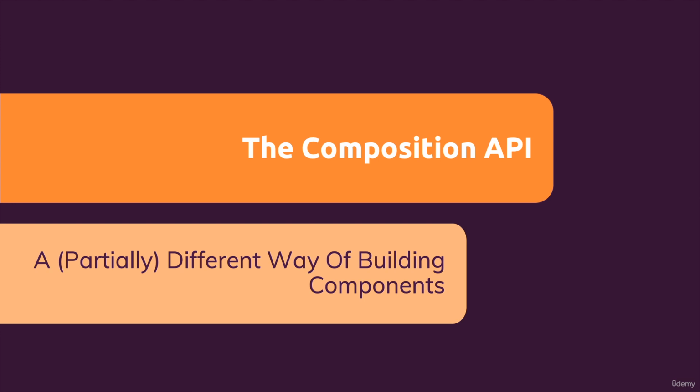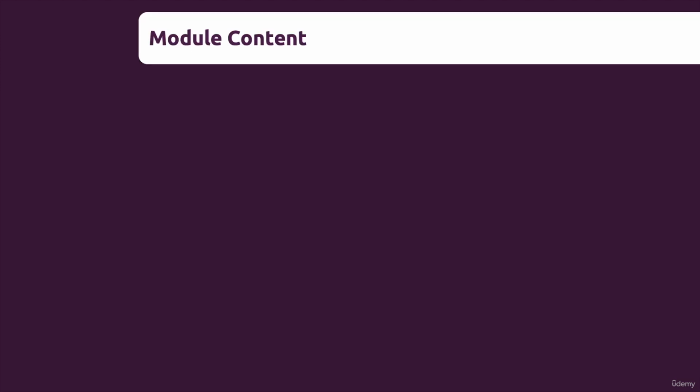I'm not teaching you everything I taught you thus far in the course just to now tell you that it's obsolete. No, what you learned thus far is the basis of Vue and absolutely fine. But you can move to this new Composition API or even mix it with what you learned thus far if you like to. But with that, let's get there step by step.